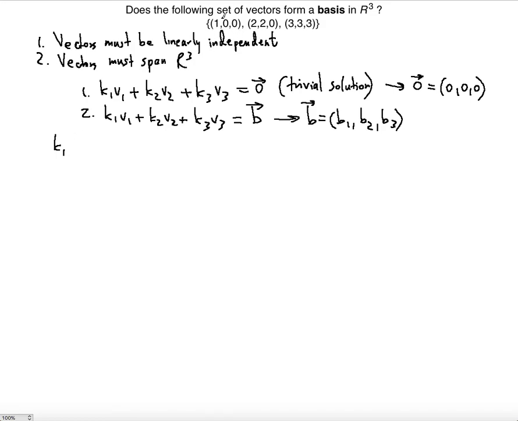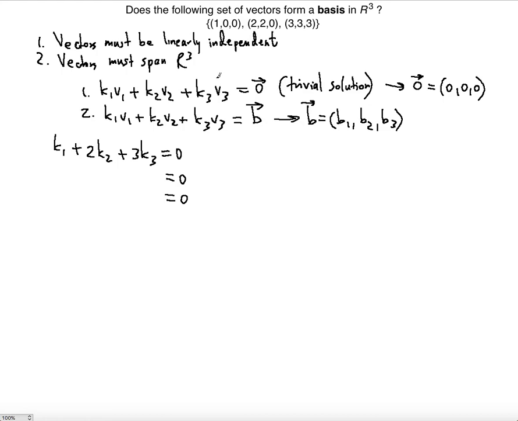So k1 times 1 stays k1, plus k2 times 2, the first component of the second vector, which is 2k2, plus the first component of the third vector, 3 times k3, is equal to 0, because with this vector equation the right side has to be 0 all the time.